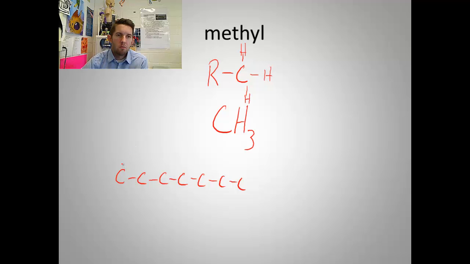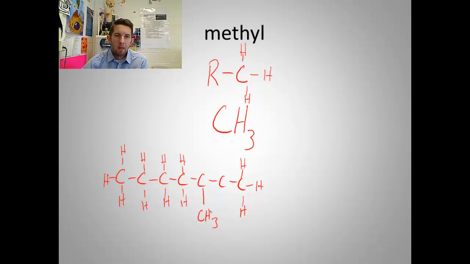So if this is the main carbon chain, and if we put all these carbon and hydrogen bonds on there, remember these are very energetic bonds. Put some down here. Now, let's say right here, CH3. Here's our methyl group. Here's our functional group.